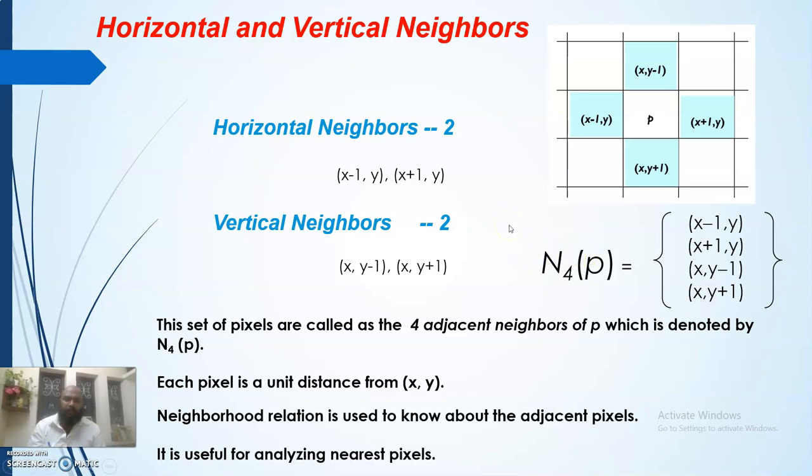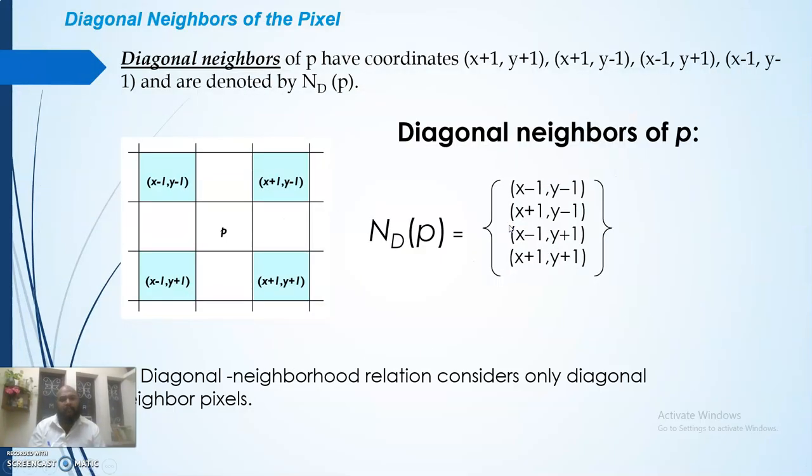Next we are going to see diagonal neighbors. These are arranged near to the pixel diagonally. These pixels are located diagonally.